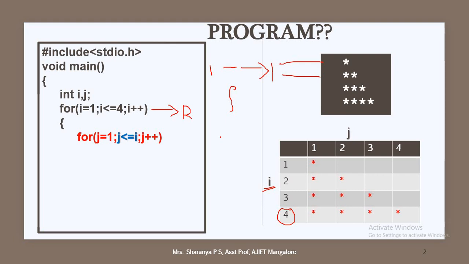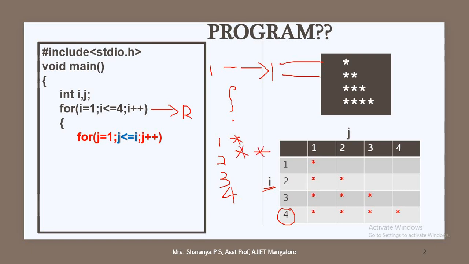In the sense, here the i value will be 1, 2, 3 and 4. When the value of i is 1, it needs to print 1 star. When the value is 2, it needs to print 2 stars.